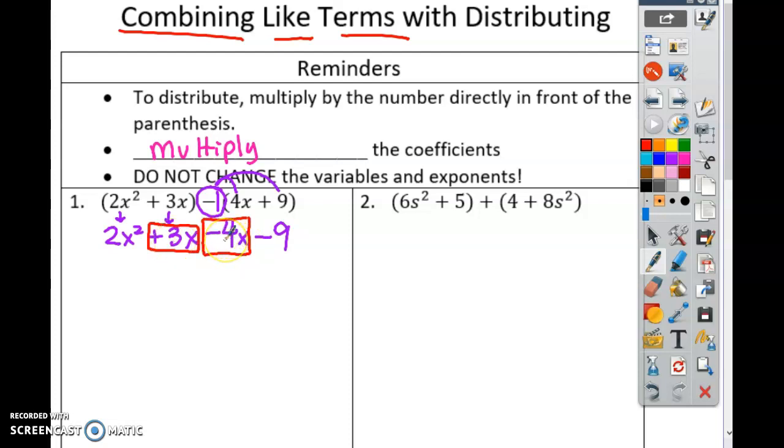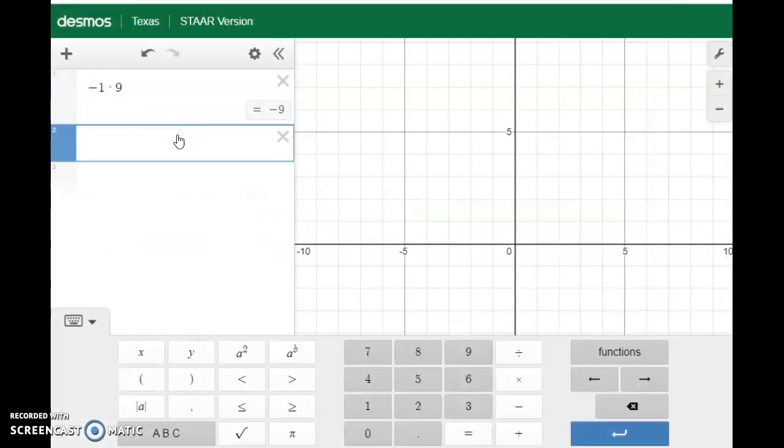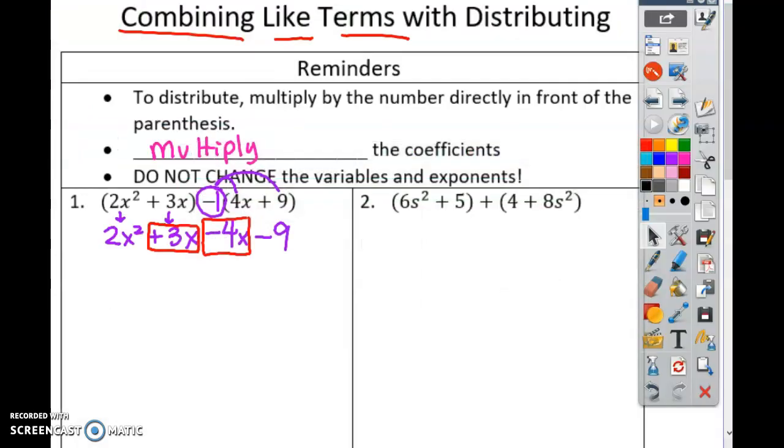Just follow the signs. 3 minus 4 is -1x. Because they both had an x, it's a -1x. Okay?